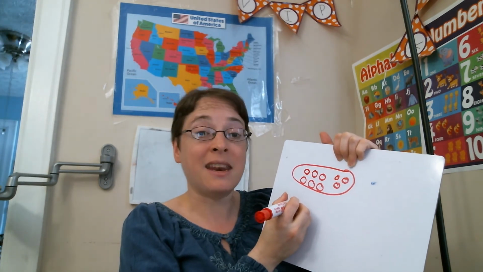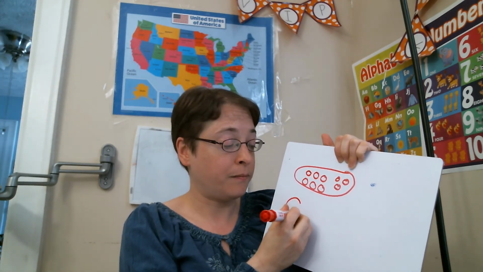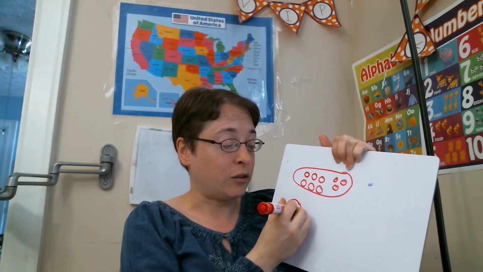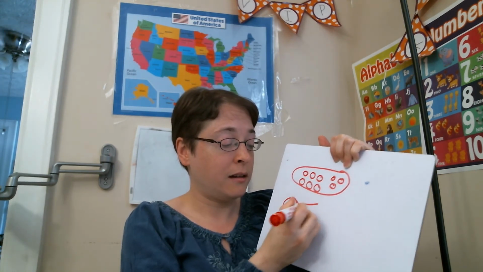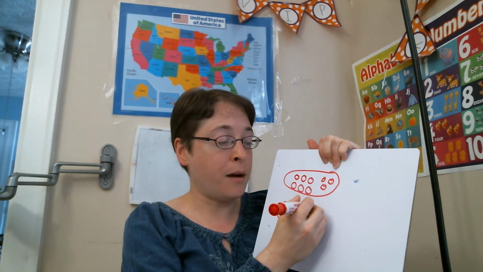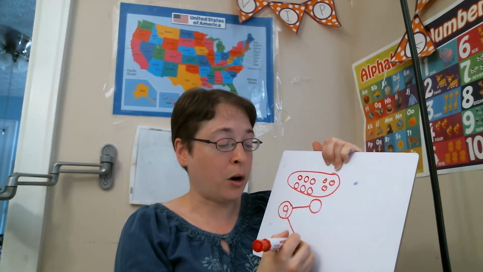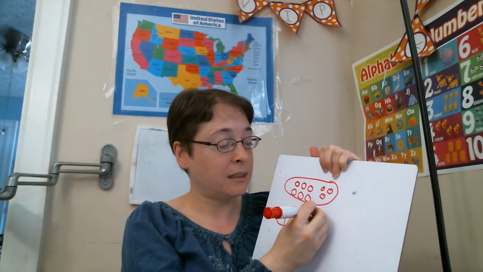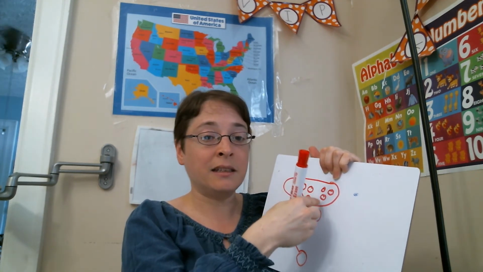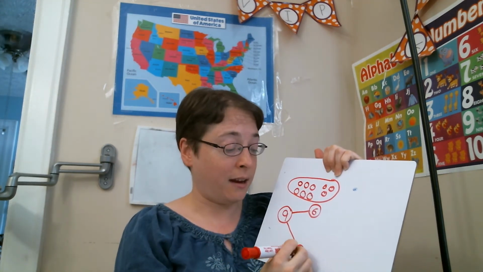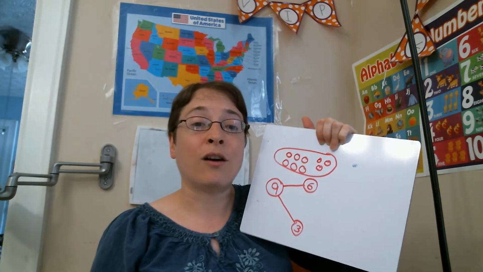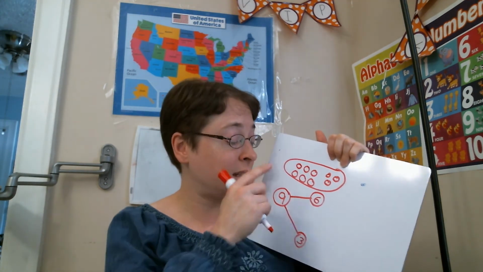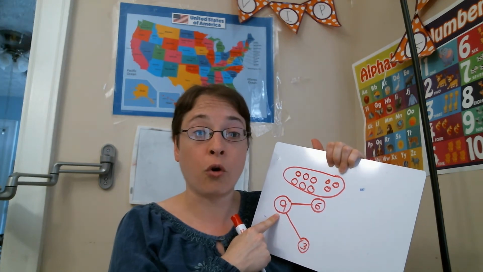Let's make a number bond. So we put 9. And what numbers are the parts? 6 and 3.